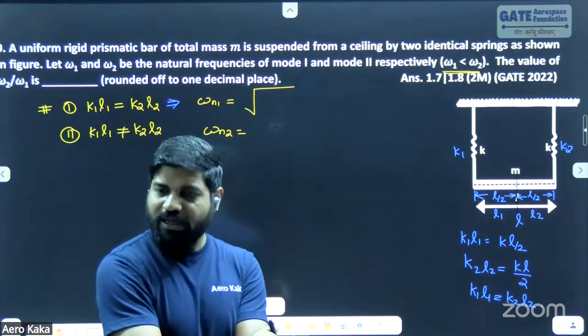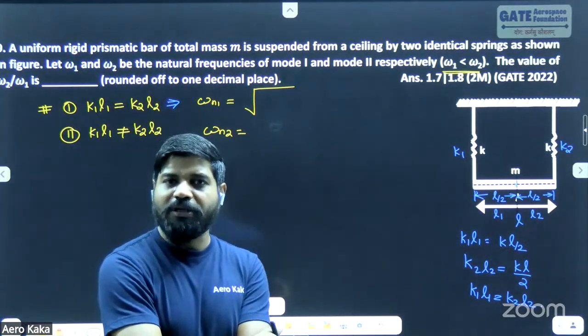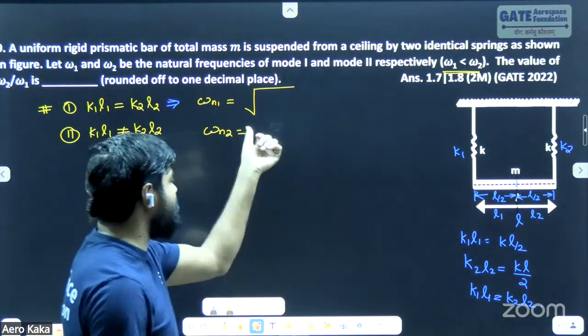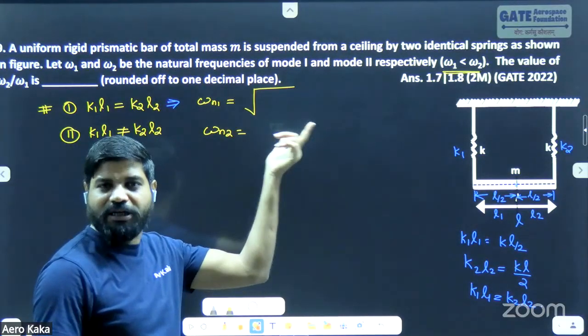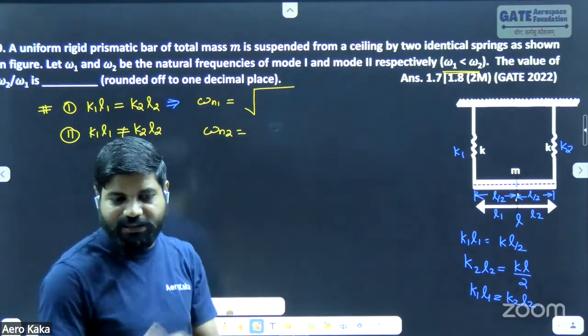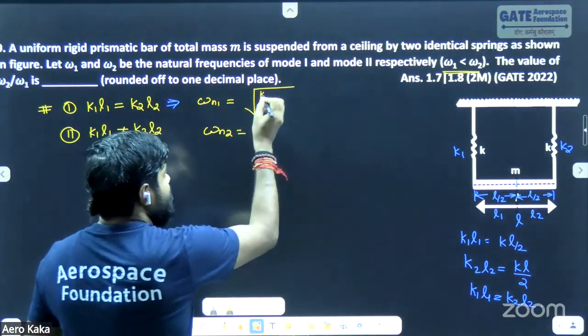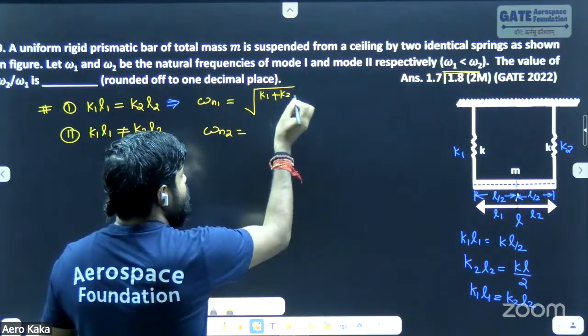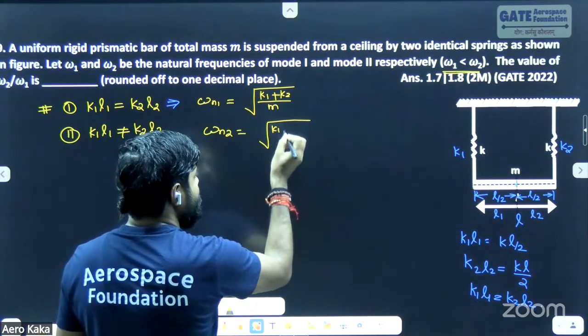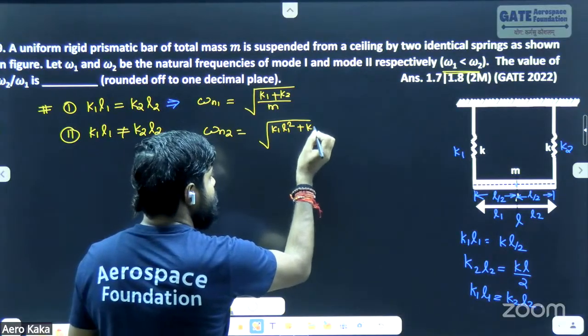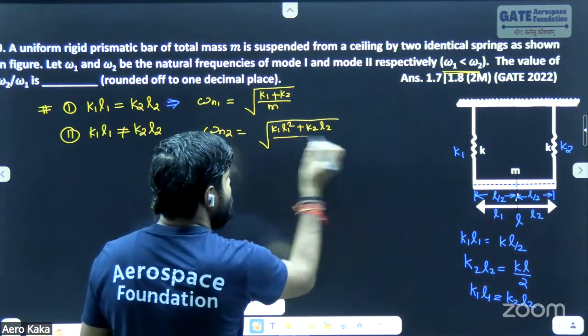Omega n1 is root of k1 plus k2 by m, and omega n2 is going to be root of k1 l1 square plus k2 l2 square divided by I. Is that clear?